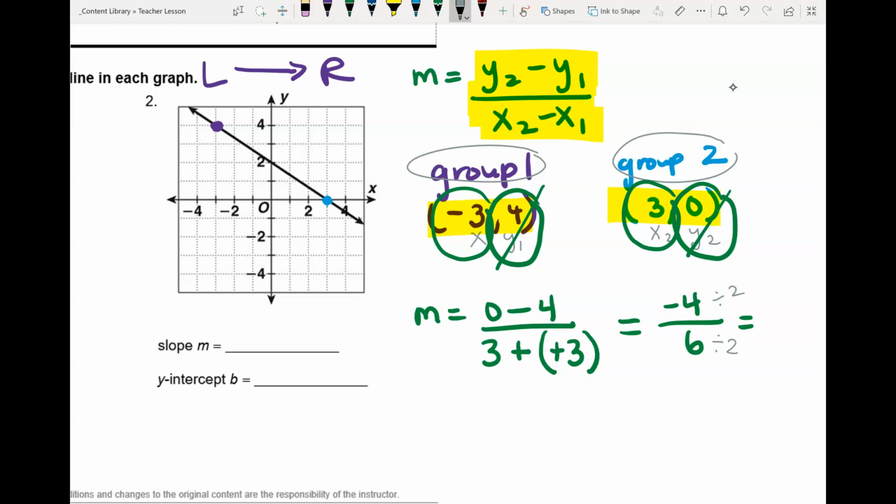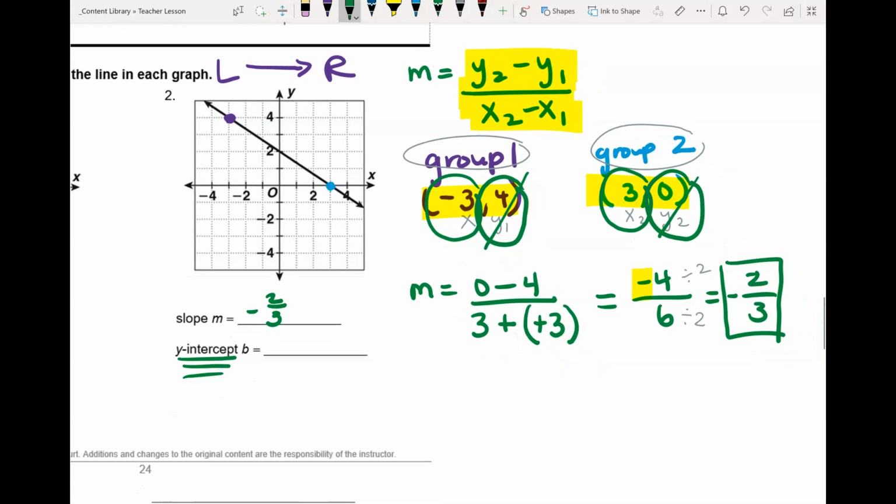So I'm going to divide it by 2. And my new answer is going to be 2/3. And since we have an odd amount of negatives, meaning that there's only one negative there, it's going to be a -2/3. So my slope is -2/3.